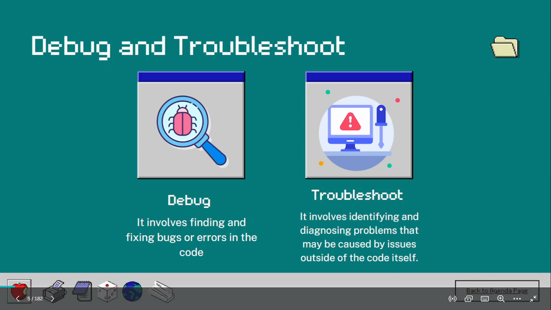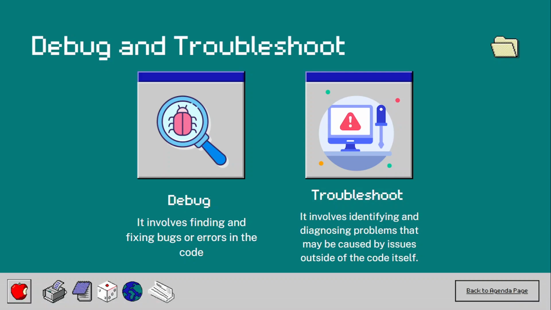In short, troubleshooting uncovers the deeper root cause of an issue, and debugging is the steps to fix the thing that broke. I hope we all understand the difference between debug and troubleshoot. So let us move on.